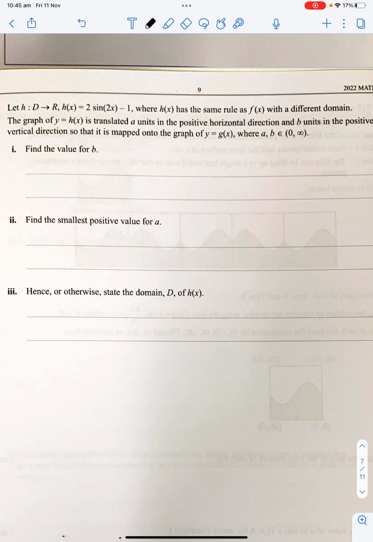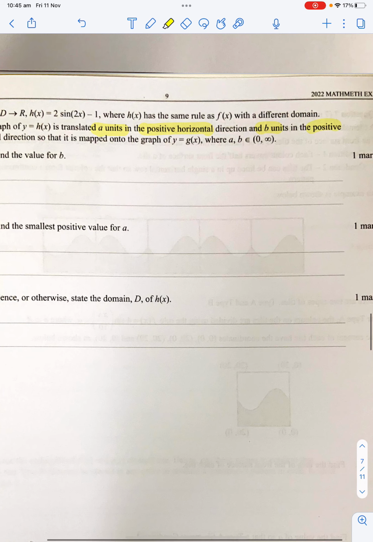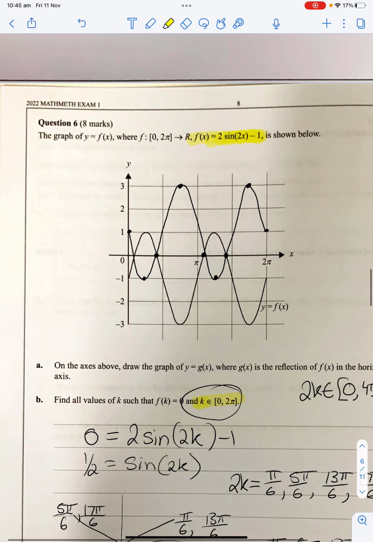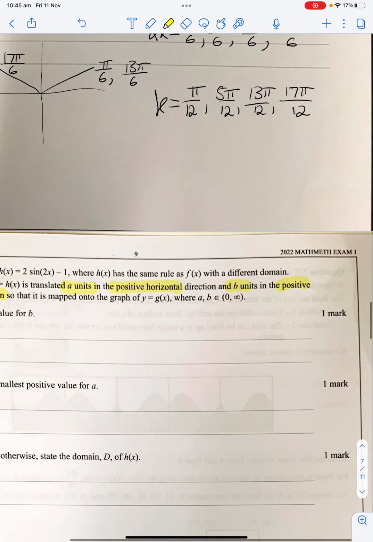So now we've got a new function h, where h of x is the same rule as f of x, but with a different domain. The graph for h of x is translated a units in the positive horizontal and b units in the positive vertical direction, such that it becomes g of x, where g of x was our reflection.